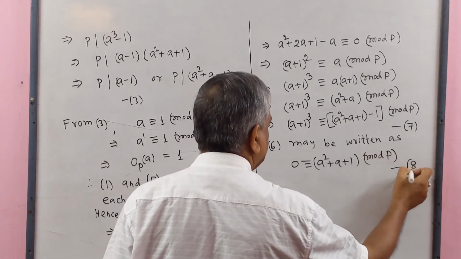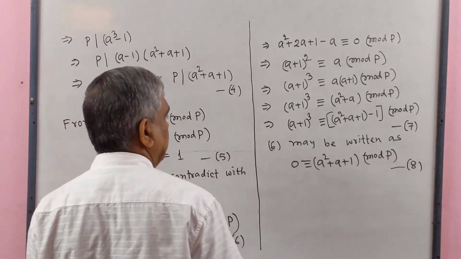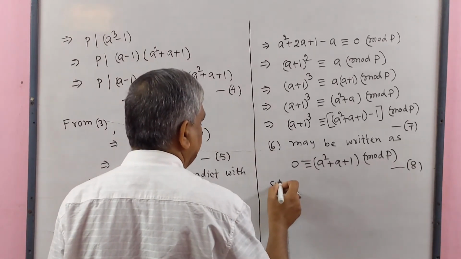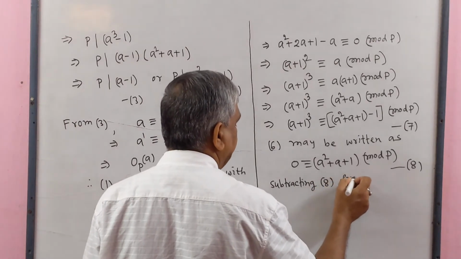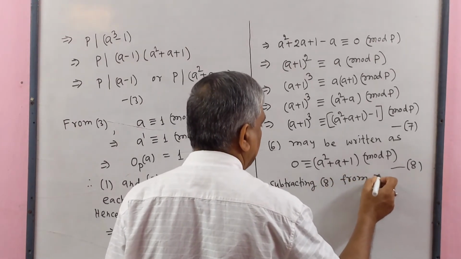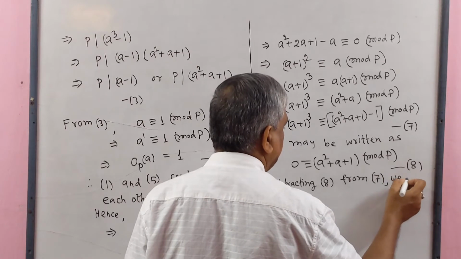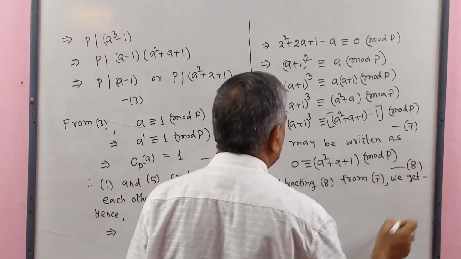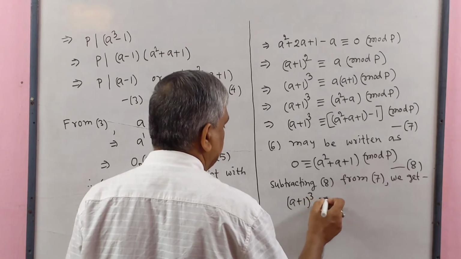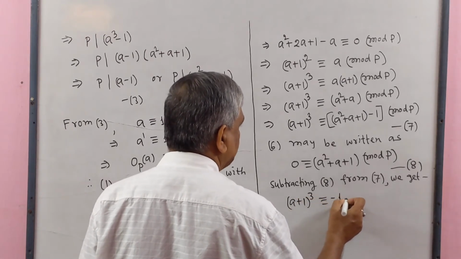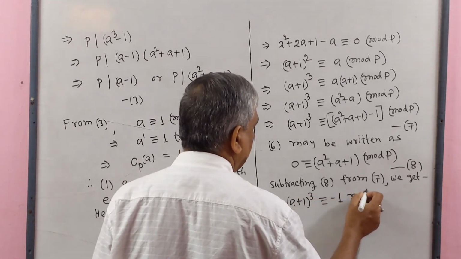This is number 8. Subtracting 8 from 7, we get a plus 1 whole cube is congruent to minus 1 modulo p.